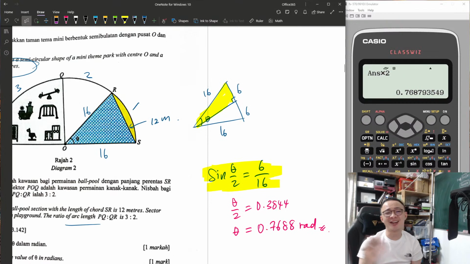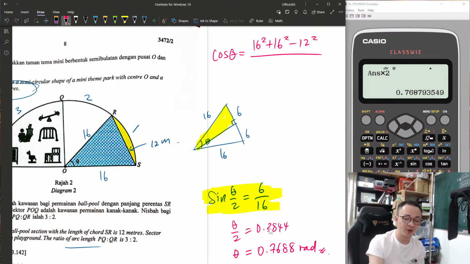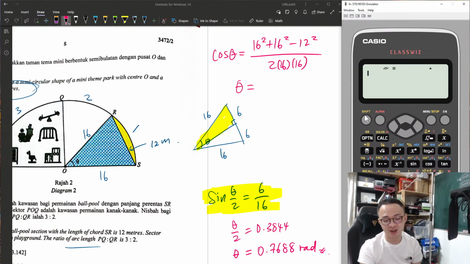And if you prefer cosine rule, go ahead and do it. No problem. Okay, let's do the cosine rule as well. So cos theta equals 16 squared plus 16 squared minus 12 squared over 2 times 16 squared. Then you will still get the same result, I hope.